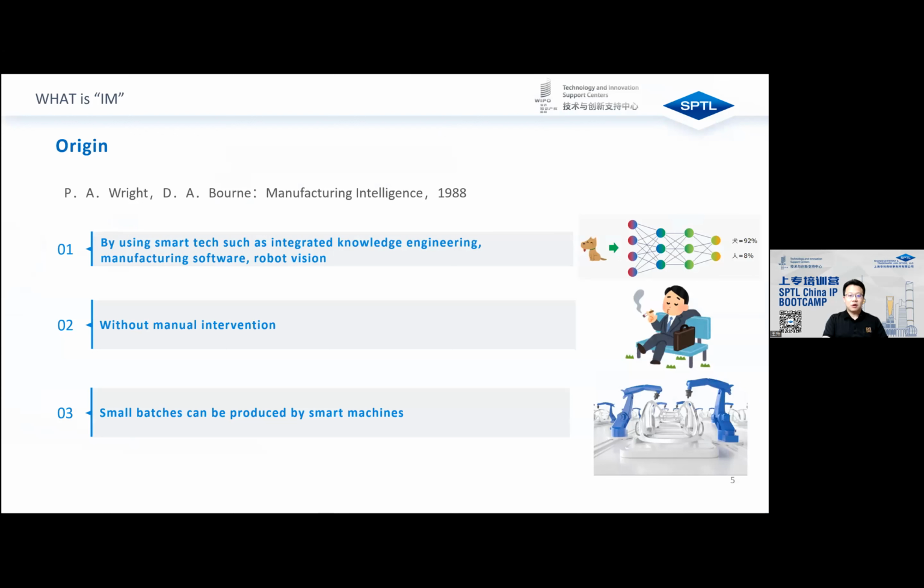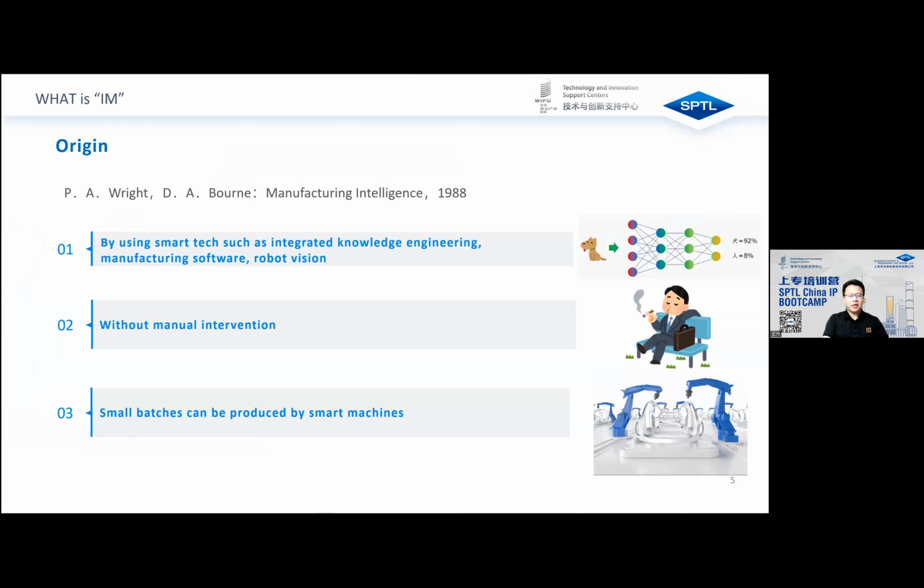The concept of IM was first created and advocated in the classical work named Manufacturing Intelligence, the first monograph in the field of intelligent manufacturing research, authored by Wright and Bourne in 1988.